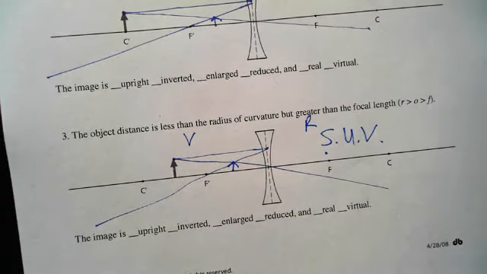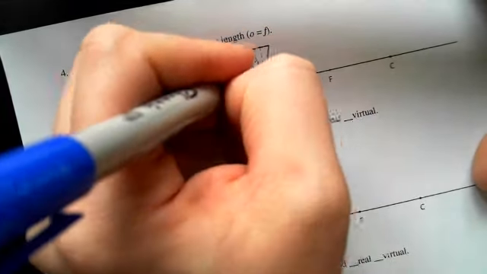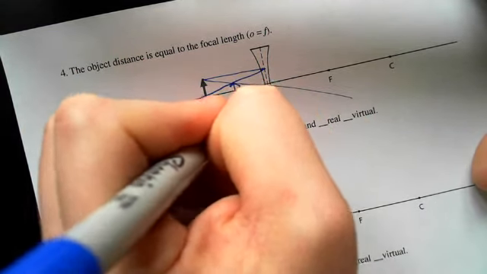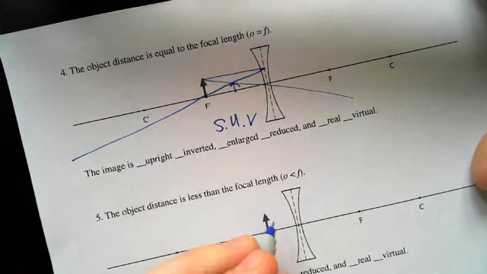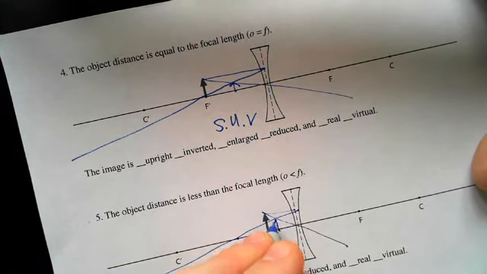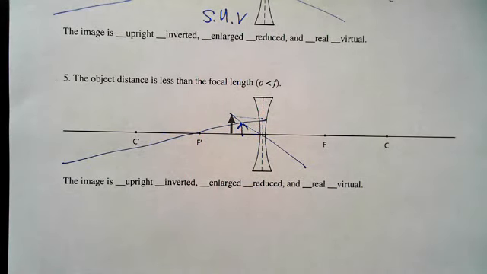Okay? And same thing for the ones on the back, guys. Let me do this quick. Parallel to focus, center of lens. You can see there's the image right there. And same thing here. Parallel to focus, center of lens, image is right there. It's always going to be, I'm sorry, it's always upright, always smaller, always virtual. Okay?